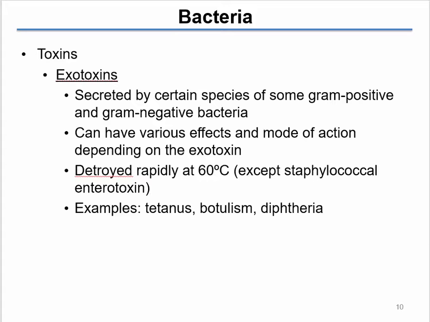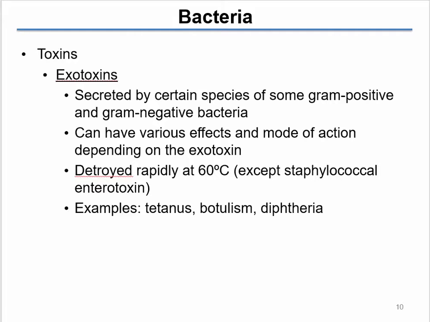They are made and then secreted, so they work outside the cell. Gram positive and gram negative are both capable of secreting exotoxins. And what does the exotoxin do? Well, it varies. It depends on the action of the exotoxin.